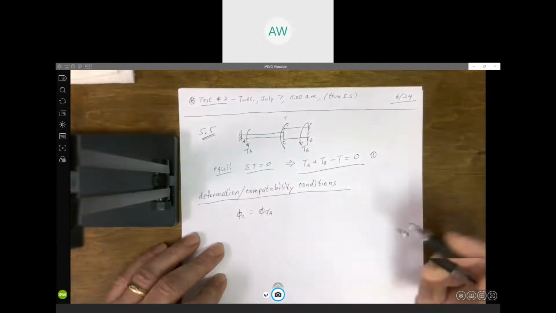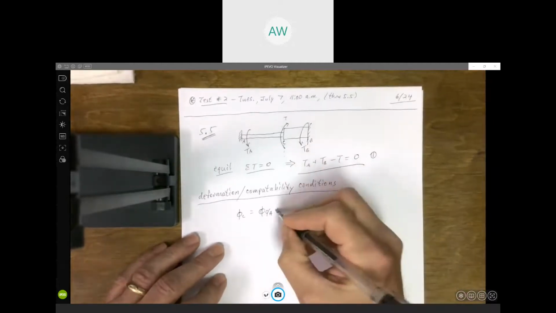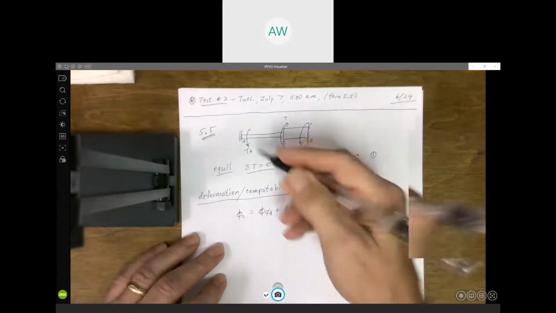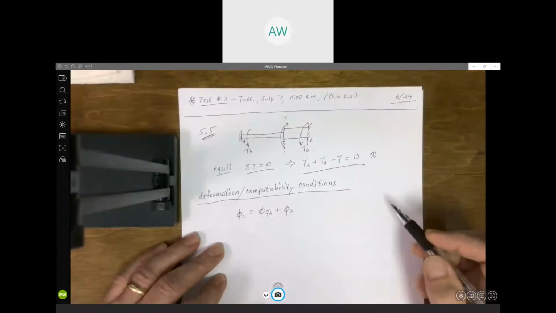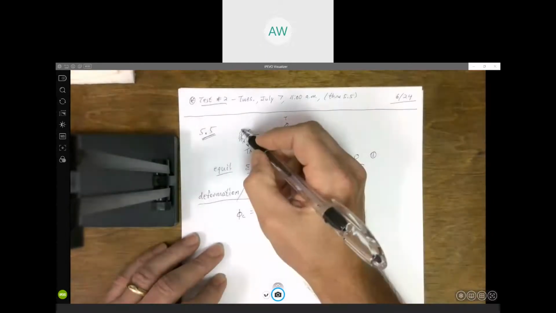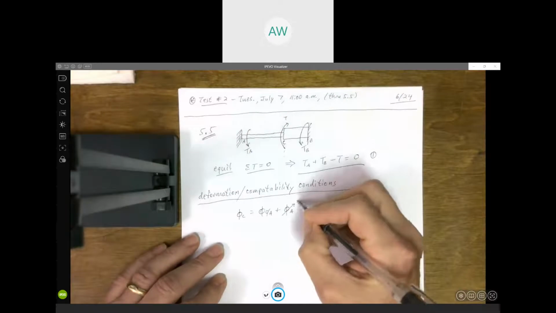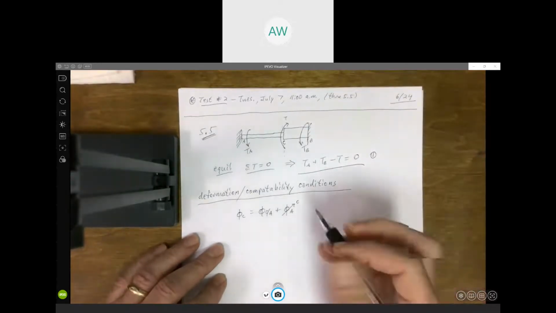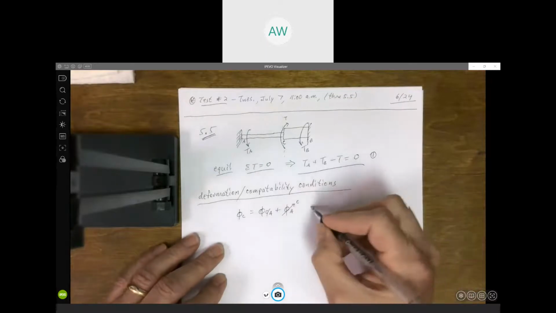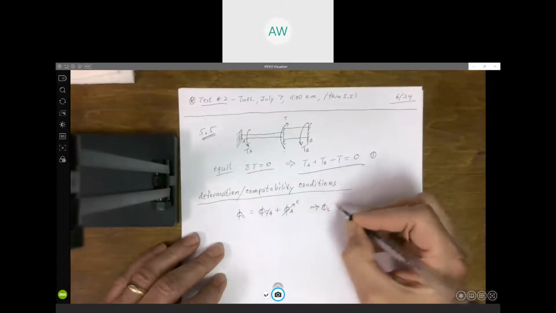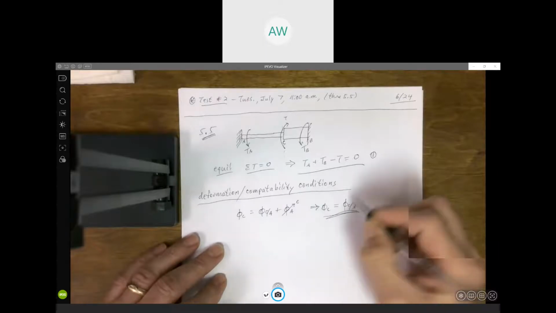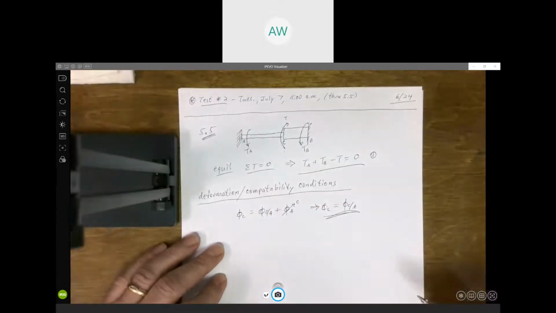So it'd be the angle of twist of C with respect to A, if we want to be complete, plus whatever the angle of twist at end A is. But if this is fixed, A doesn't twist, it doesn't rotate, it's fixed. So what I've got then is the angle of twist at C has got to be equal to whatever the angle of twist of the section AC is.